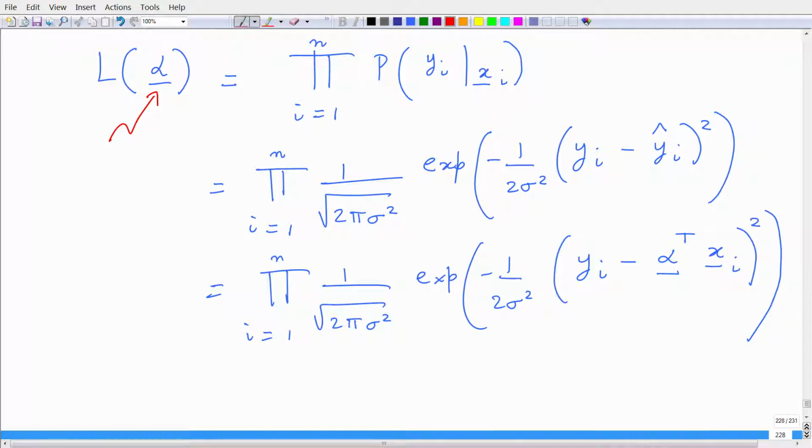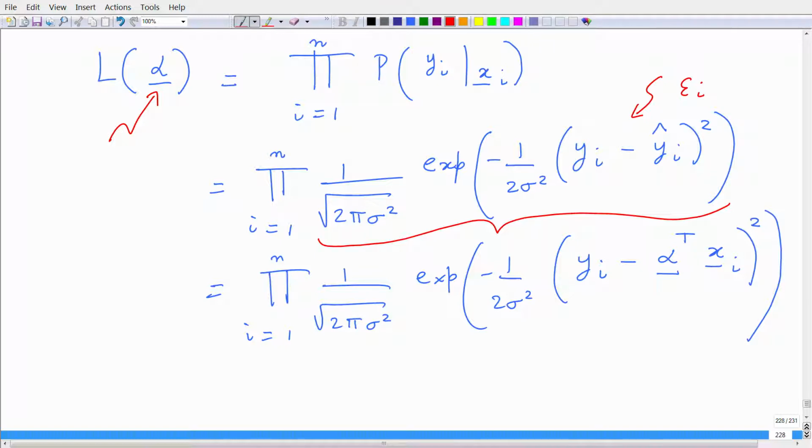What is yi given xi? It is basically the noise epsilon i, and we know the distribution, which is Gaussian. So, I have 1 over root of 2 pi sigma square, and this term, yi minus yi hat, is my noise.